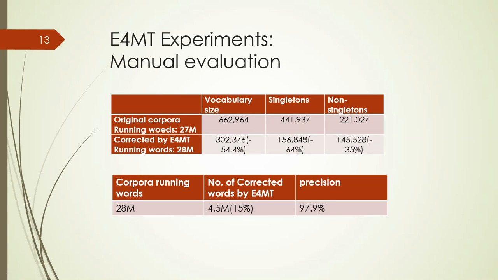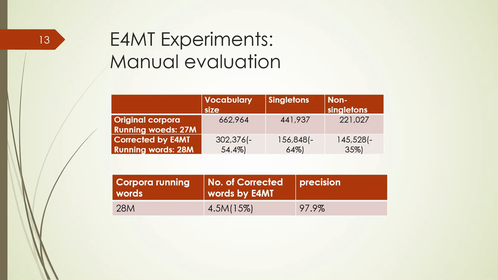Our experiments also show that approximately 4.5 million Persian tokens of our corpora have been corrected by E4MT, which is about 50% of the corpora running words. To inspect the precision of these corrected words, we select 100 sentences randomly, and 97.9% precision was observed.